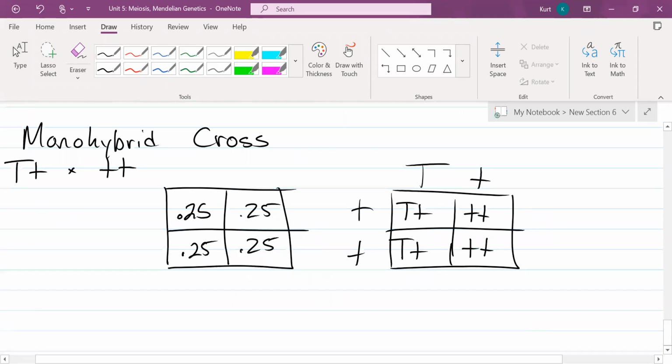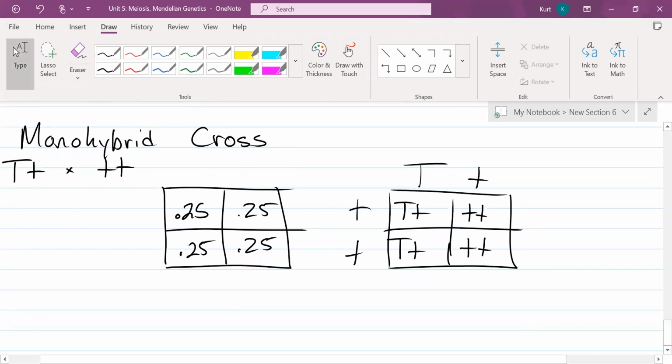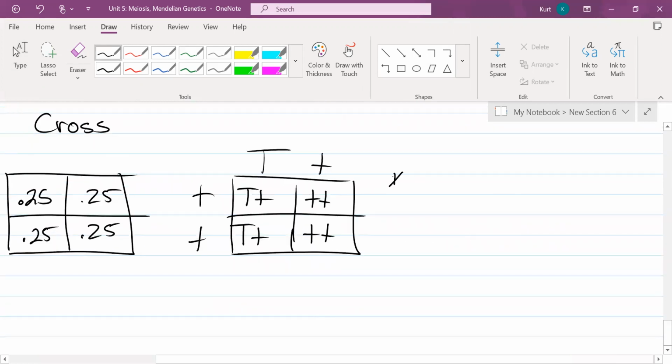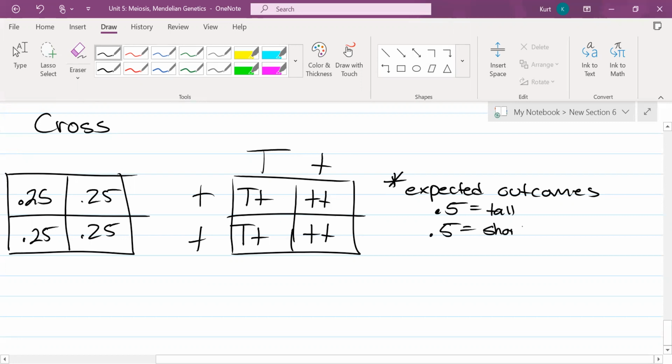What are the odds that you would get a heterozygous offspring? 50% in a homozygous recessive. So what this does, everybody, is this provides expected outcomes. And in this particular example, we would expect 0.5 tall and 0.5 short.